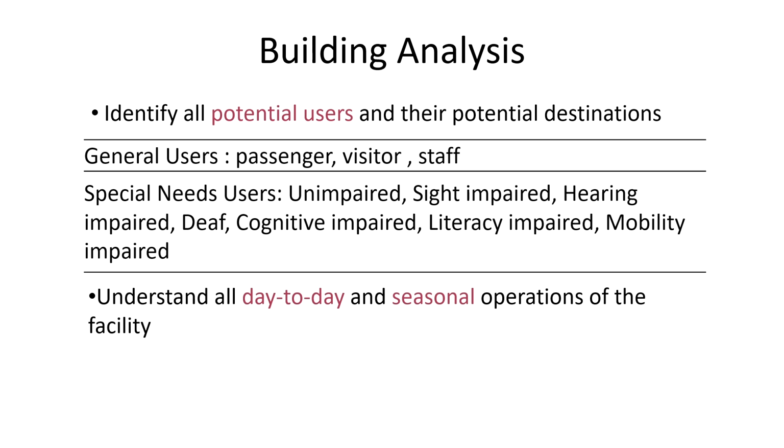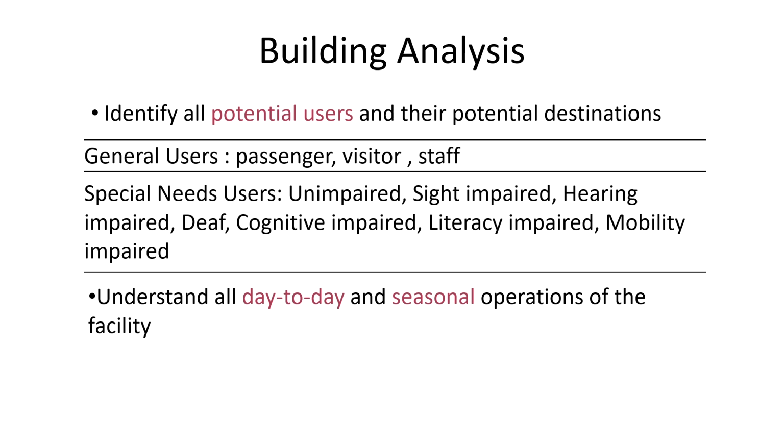For instance, in a library setting, Braille can be installed alongside visual signs to assist users with sight impairments in locating different sections of the library. Additionally, wheelchair accessible ramps and elevators can be provided to accommodate users with mobility impairment, ensuring that they can access all levels of the building without difficulty.